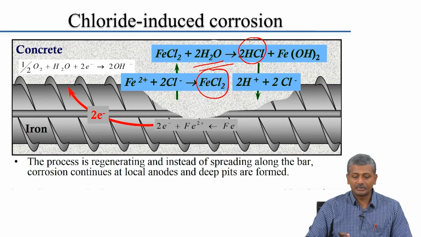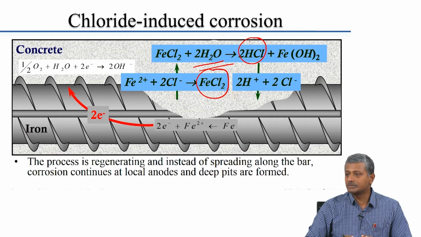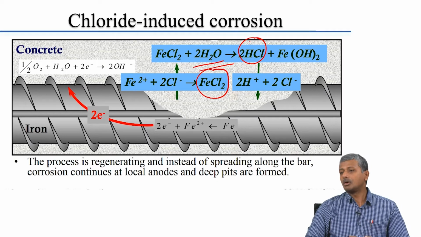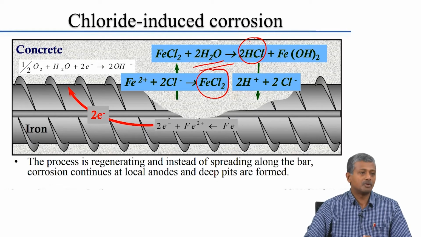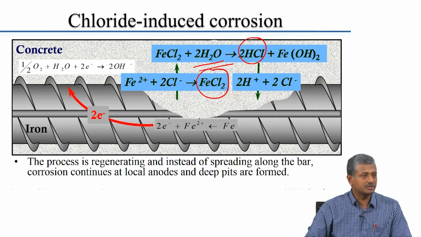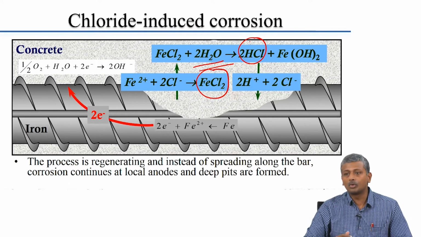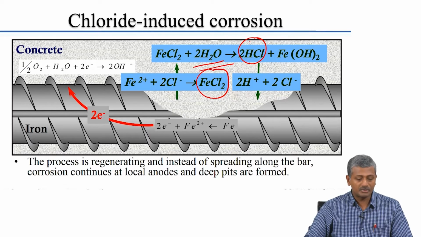Okay. So, you need to be very careful about how concrete in a chloride induced environment will perform, because ultimately the reaction that starts with corrosion can be a self sustaining reaction, and that will lead to more and more progressive damage.